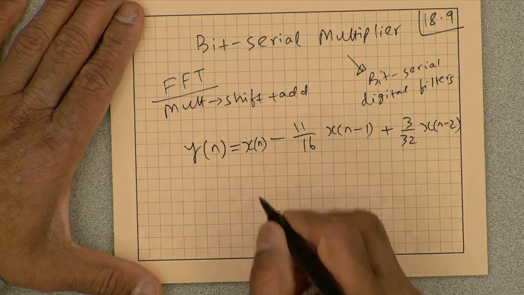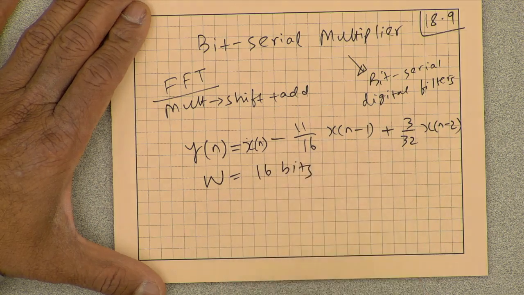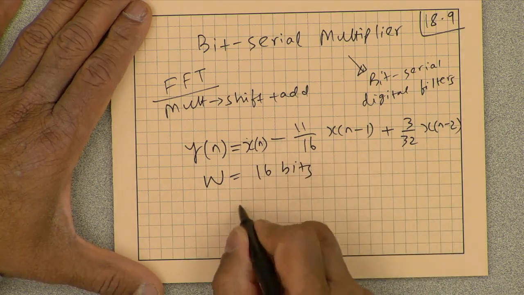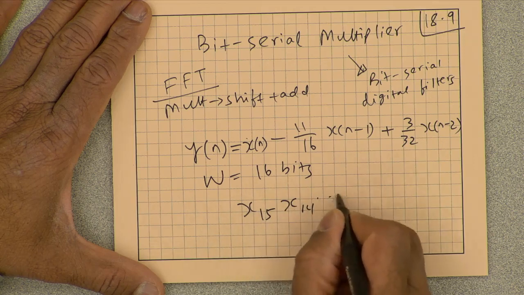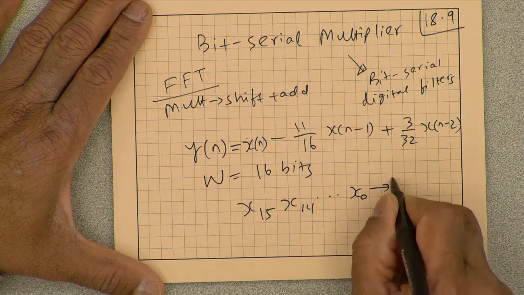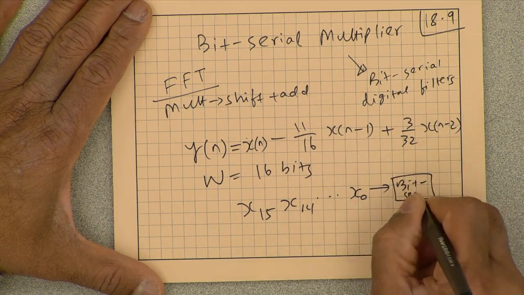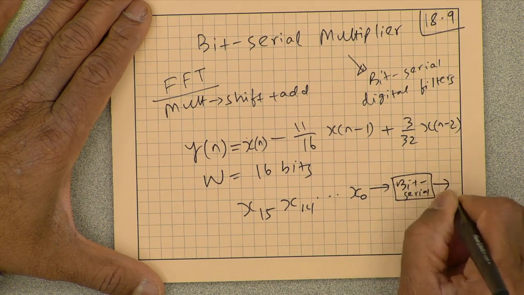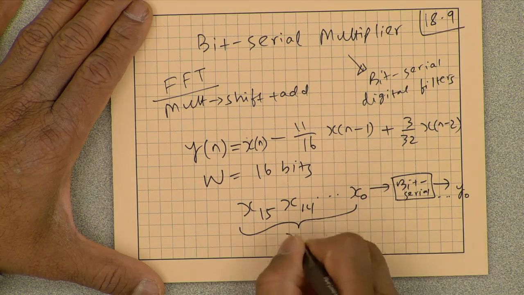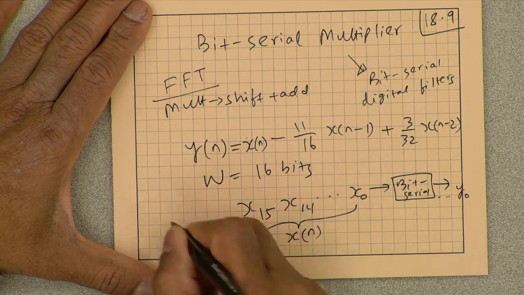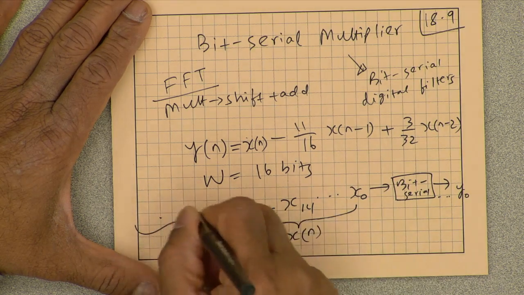Let's say the word length was 16 bits. In that case we would input x bit by bit. So this is a bit serial filter, and it would compute the output bit by bit. So this would be x[n], and the next 16 bits would be x[n+1], and so on.